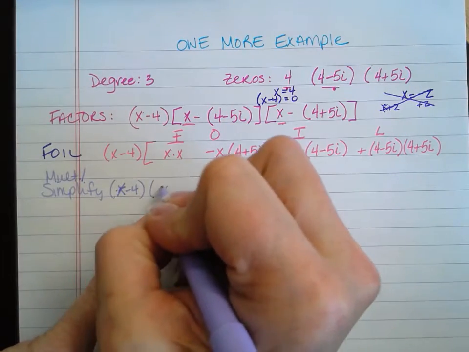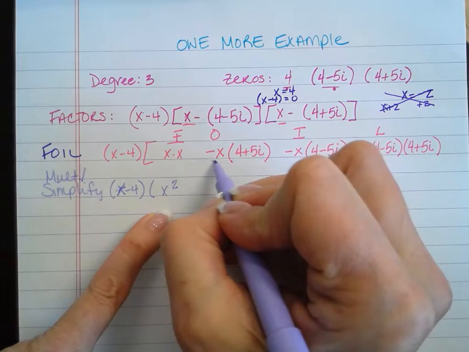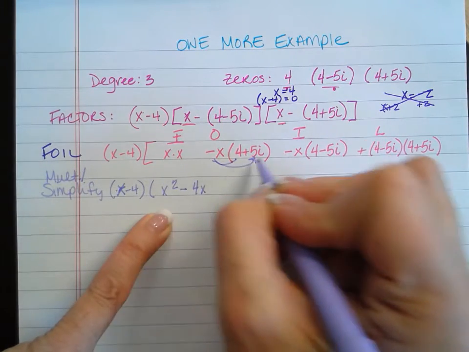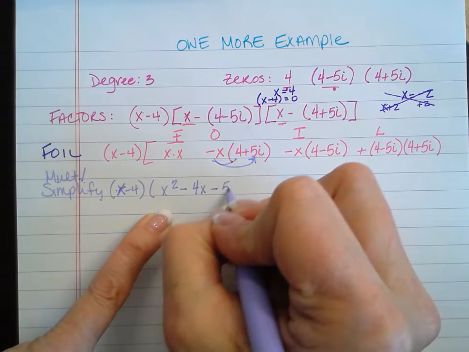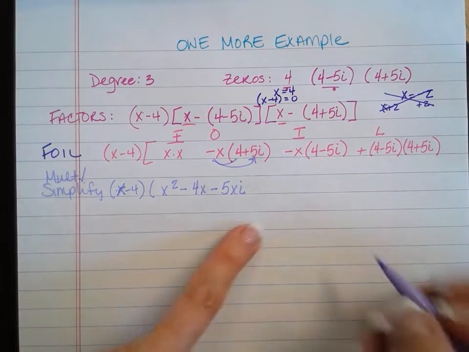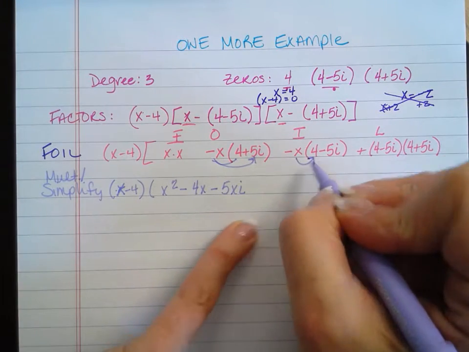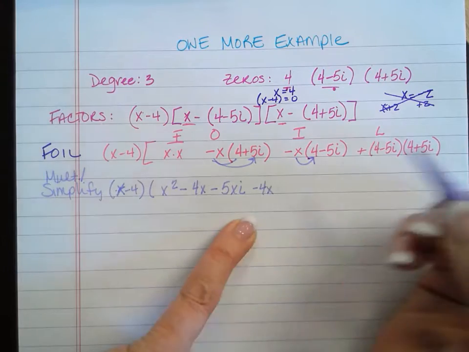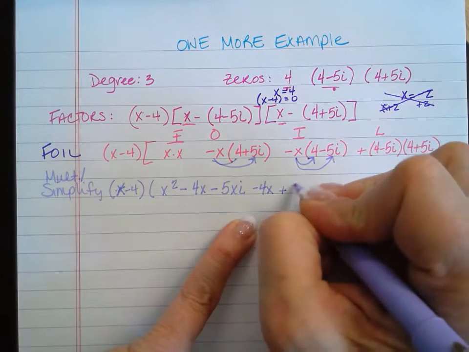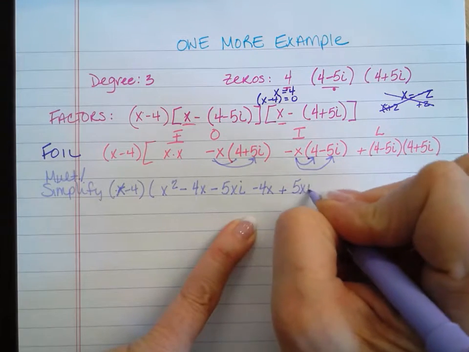So I get x squared, I get negative 4x, I have negative 5xi. So far? And then when I distribute, I'm going to have another negative 4x, and then a positive 5xi.